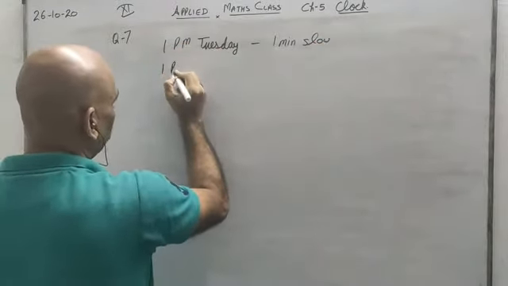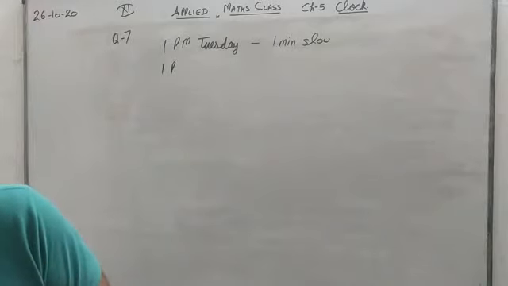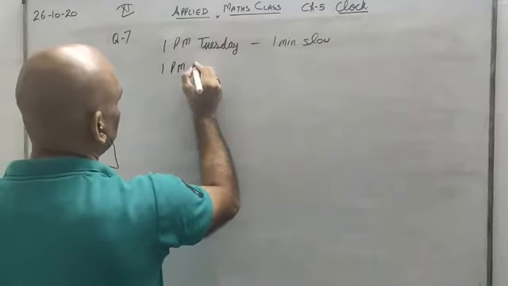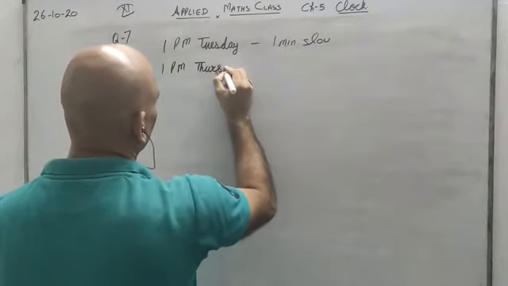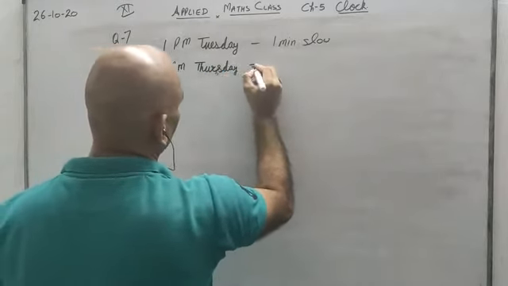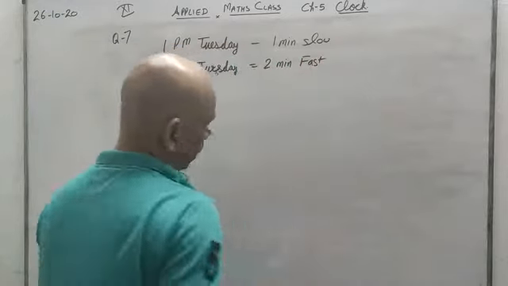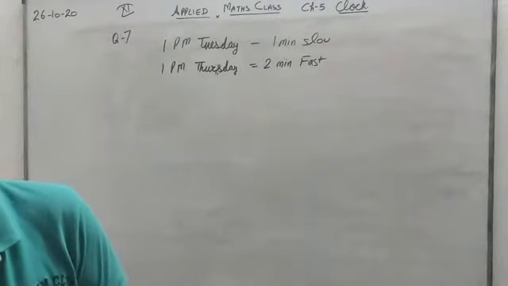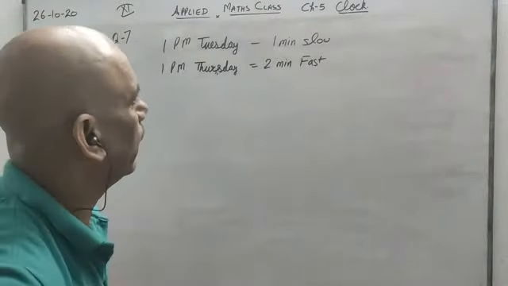While at 1 p.m. Thursday, 1 p.m. Thursday, it is 2 minute fast. Okay, what he is asking? When did it show the correct time? Correct time कब दिखाया इसने?